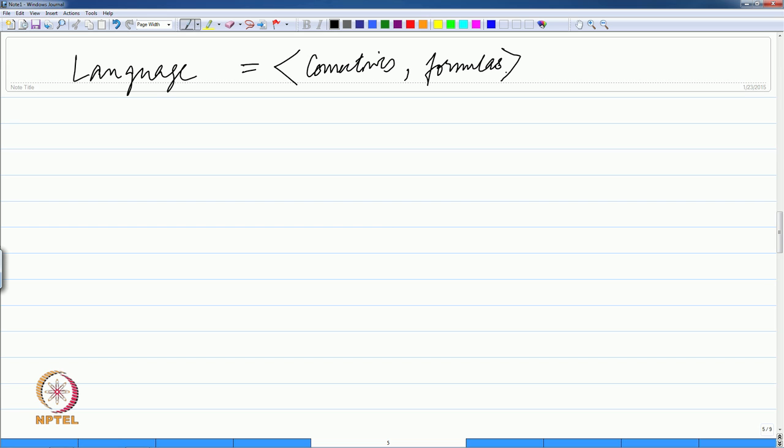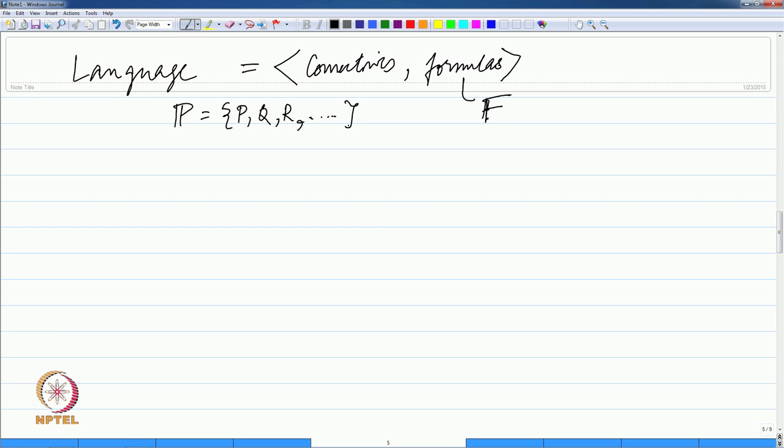So, the set of formulas is chosen by first choosing a set of atomic formulas and then defining the rest of the language essentially. So, let us call this set of formulas F, and we want to define what this set is essentially, and let us call this set of atomic formulas as P. That is given to us, that is a basic unit essentially.